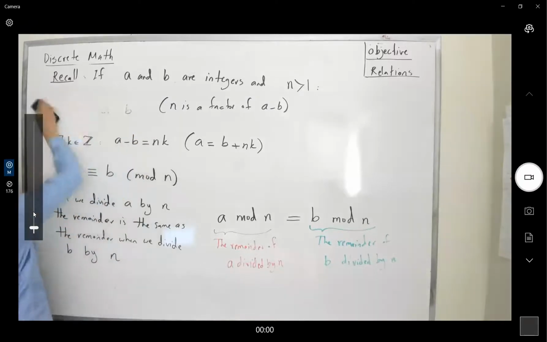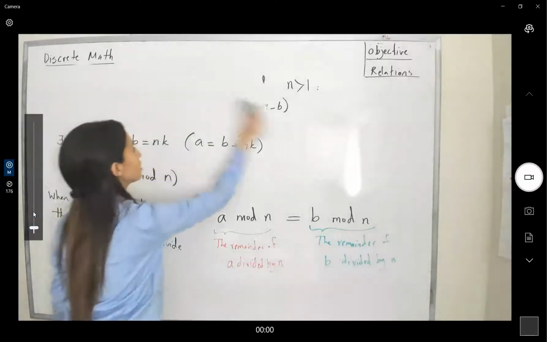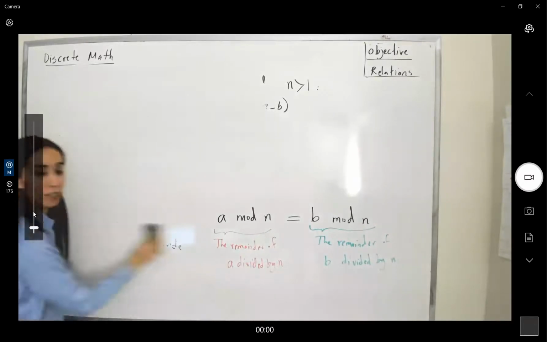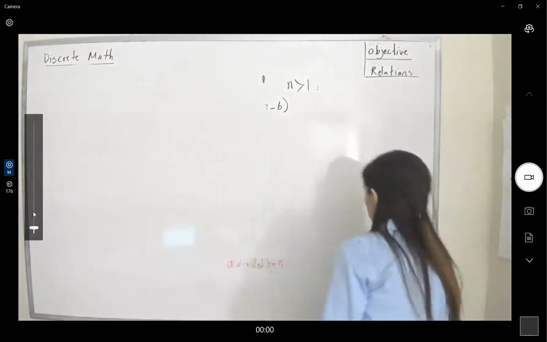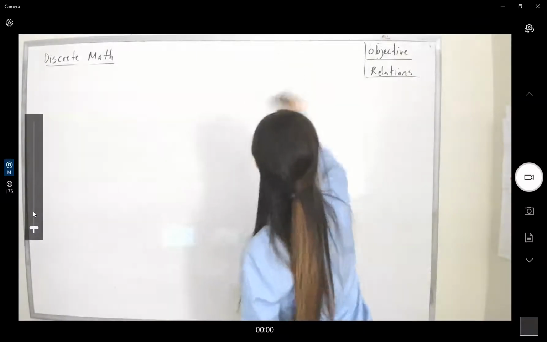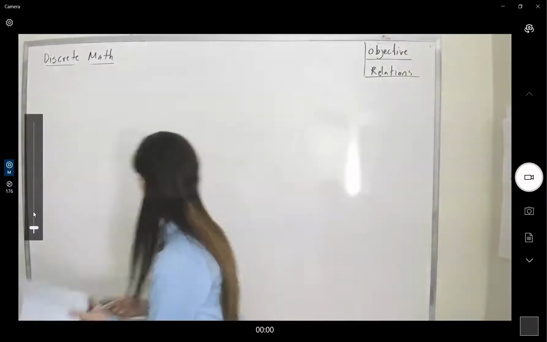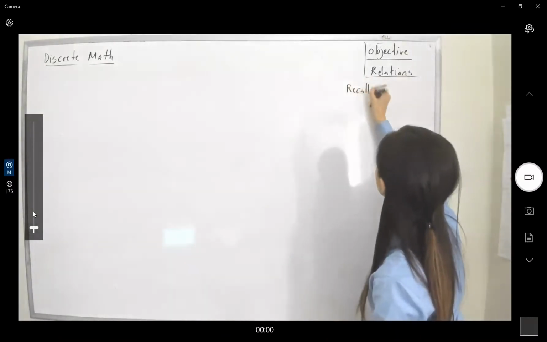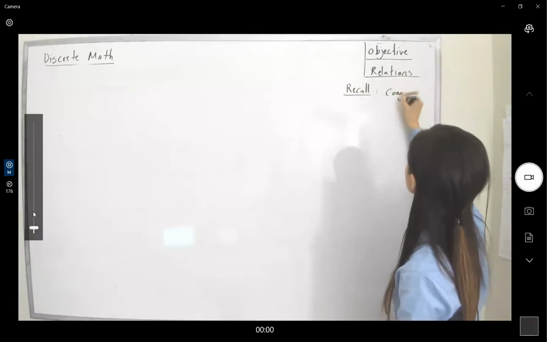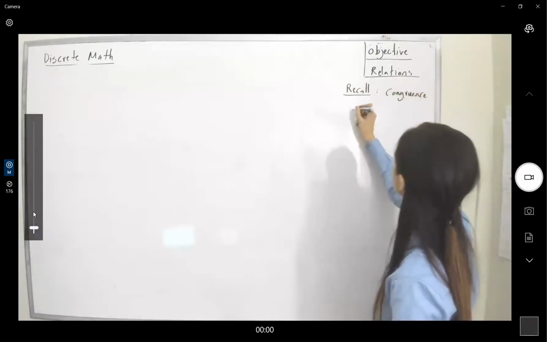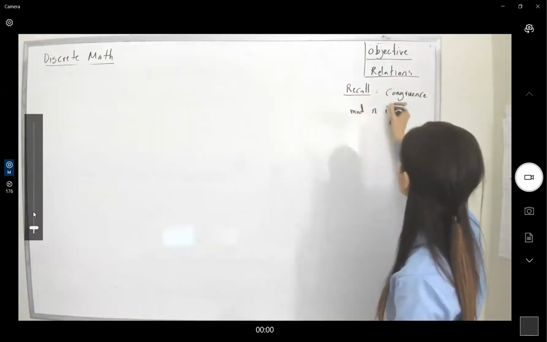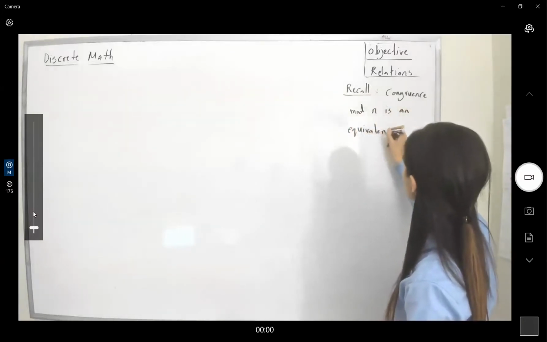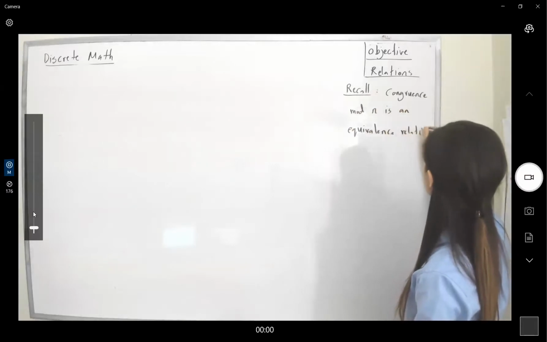Very well. So recall that we define congruence mod n to be an equivalence relation. Okay, so we have two recalls. Recall that congruence mod n is an equivalence relation.